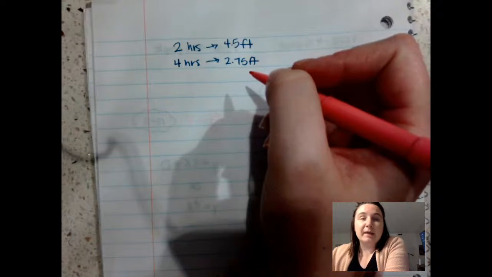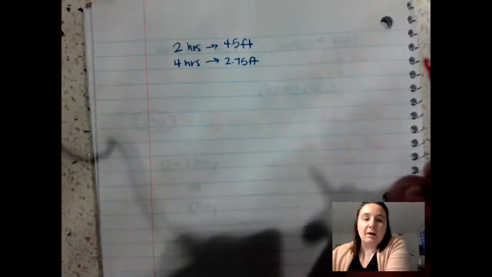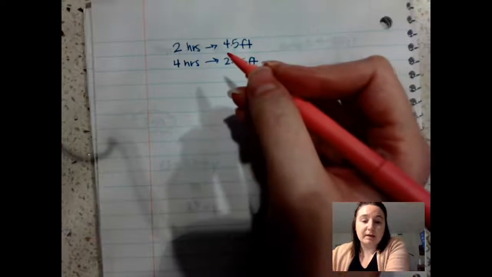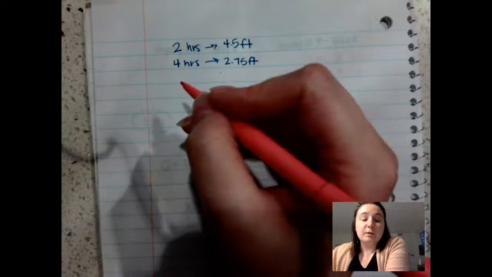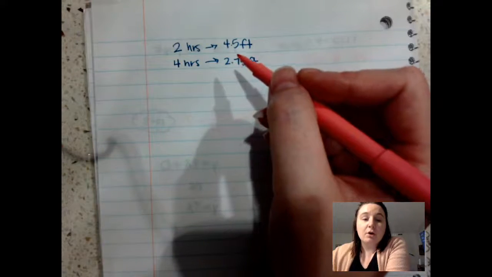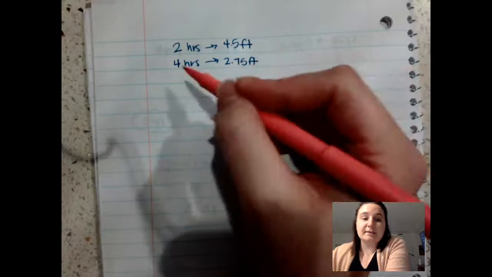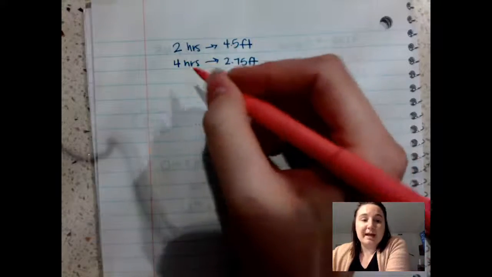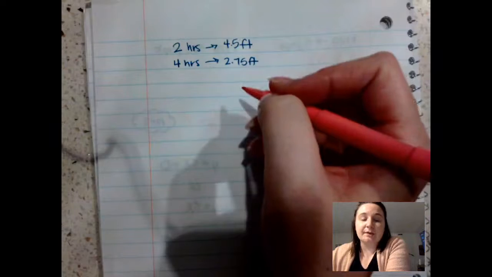Remember, saying this out loud is the most helpful way for me to decide which one depends on the other. Does the time depend on the depth? Do we change time based on when the depth is changing? Or is the depth changing based on time? Obviously the depth is changing based on the time, so as time passes, the depth is getting lower.